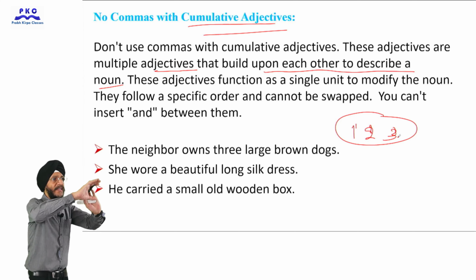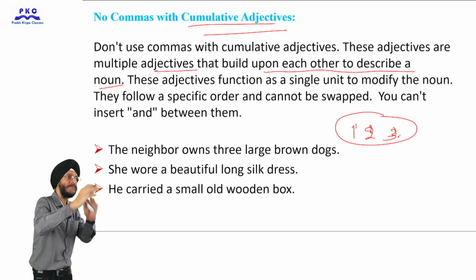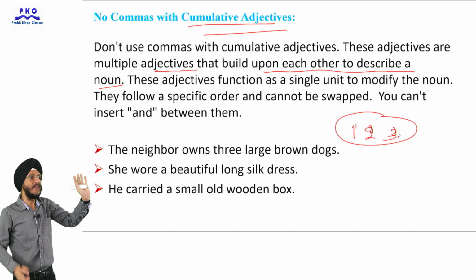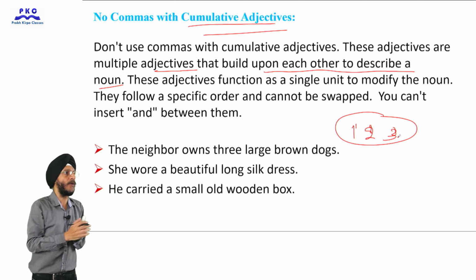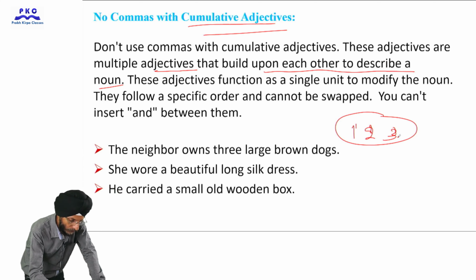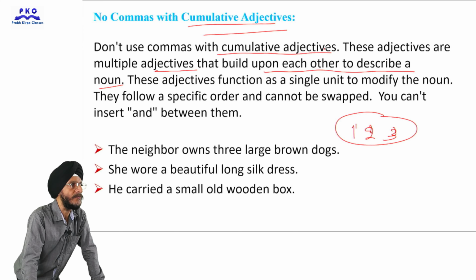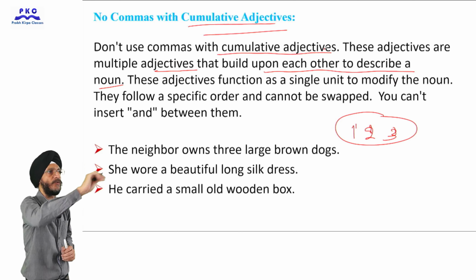They work as a single unit to modify the noun. It is not that each has an independent role. No, they work as a complete, single unit to modify the noun. Do not use commas with cumulative adjectives. We have to use commas in case of coordinate adjectives, but not in the case of cumulative adjectives.